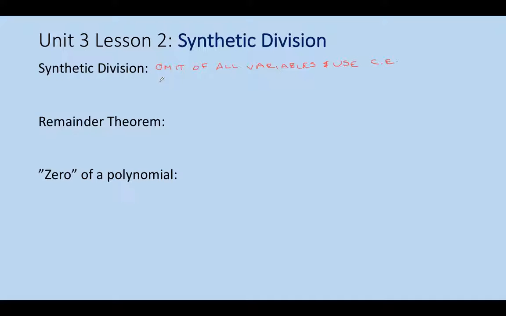And then the only thing you've got to remember, it's not truly like any polynomial division where we could have divided by any polynomial. Here we can only divide by an x minus something term, for instance, like x minus 5.